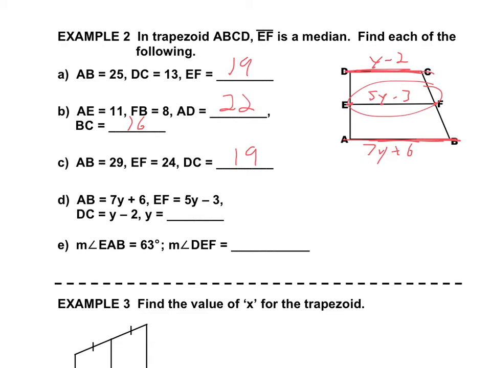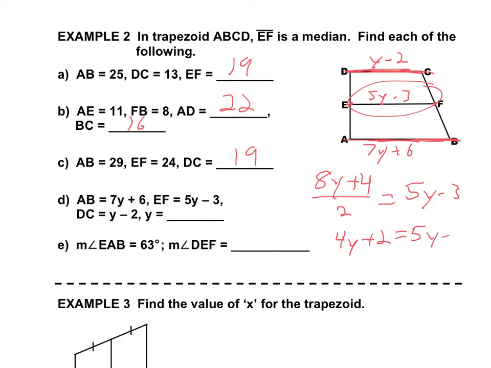7y and 1y is 8y. 6 and a negative 2, that makes a positive 4, right? We've got to divide that by 2 to equal the 5y minus 3. So we've got to do some simplifying before we start solving. 8y plus 4, all divided by 2. That means 8y divided by 2 is 4y, and 4 divided by 2 makes it 2.